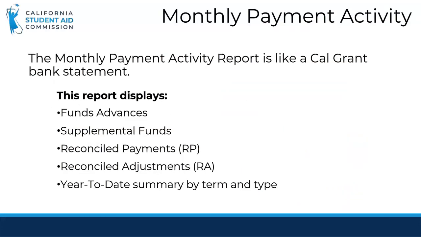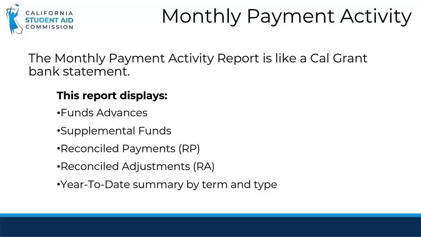You should become very familiar with the monthly payment activity report, which is used when reconciling records. While it is titled monthly, this report is actually generated on a weekly basis over the weekend. This report is the equivalent to a Cal Grant bank statement. It will show detailed transactions such as when term advances are deposited and weekly reconciled transactions.